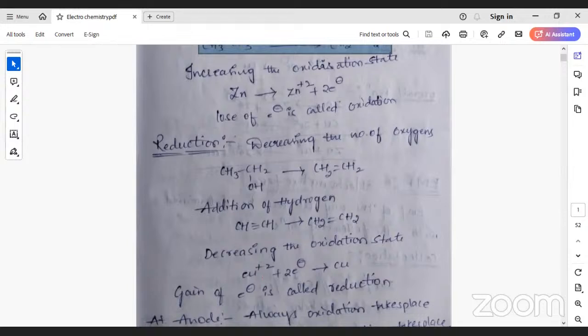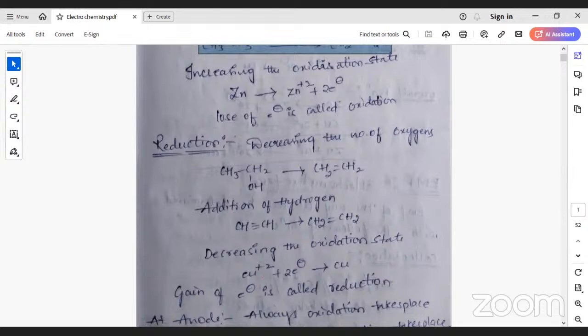The reduction potential of copper is 0.34 volts. One is having an oxidation potential and the other a reduction potential, so we use the sum, which gives the total EMF of the cell: 0.34 plus 0.76, that is 1.1 electron volts. 1.1 is the EMF of the cell.